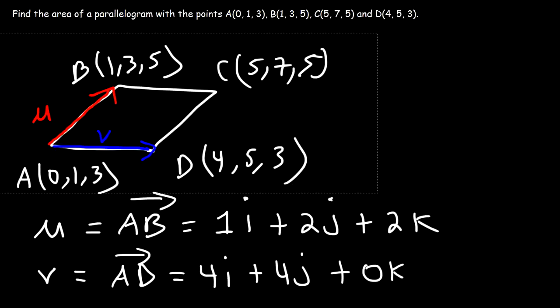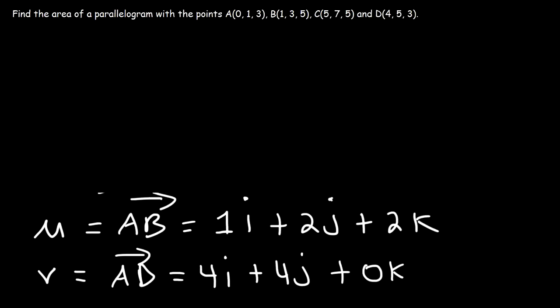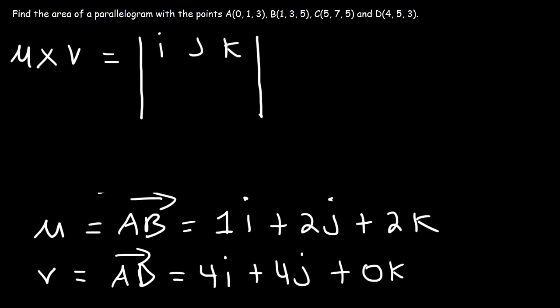So once we have these two vectors, now we could find the cross product of vectors u and v. So what we need to do is create a 3 by 3 matrix. First, we're going to write the letters i, j, k. And the first vector that we have is vector u, because the order matters.